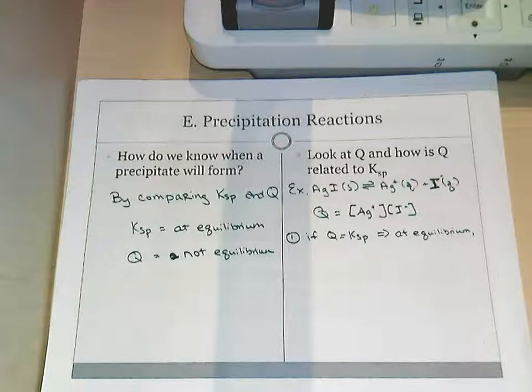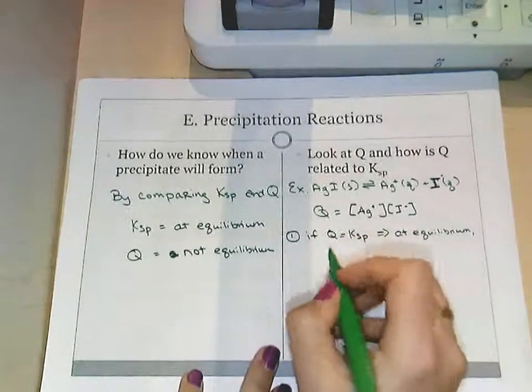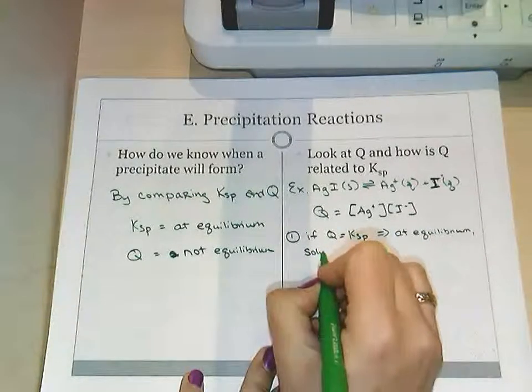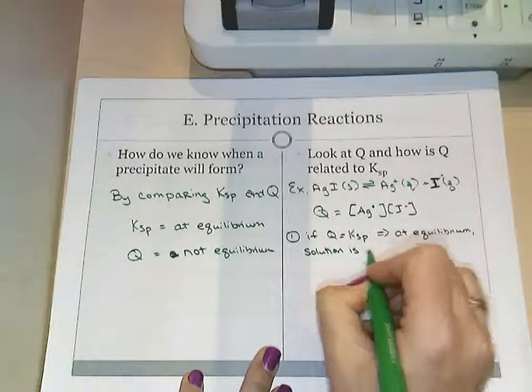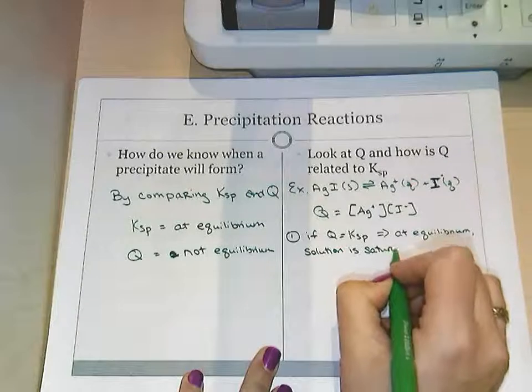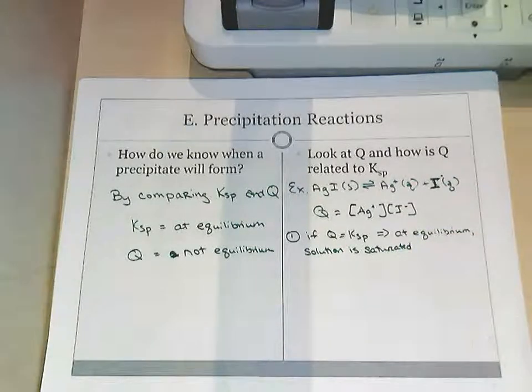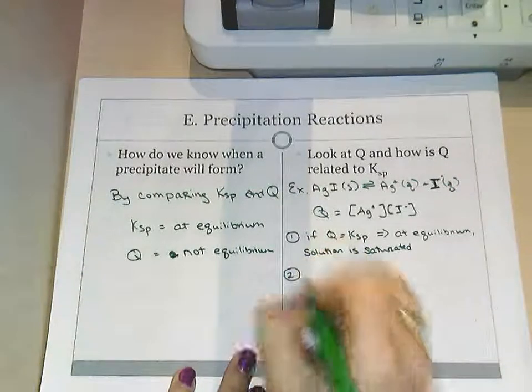You're at the max number of ions, so what do you call that kind of solution that's maxed out on ions? Saturated. So if Q equals KSP, we know both we're at equilibrium and the solution is saturated. Okay, let's take a look at the other 2 sides of this.